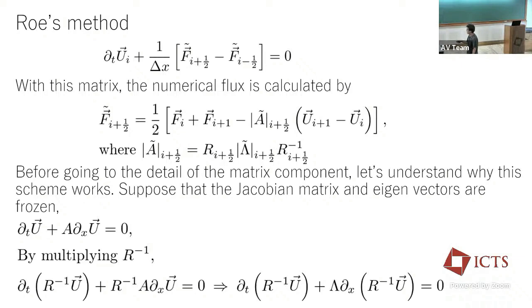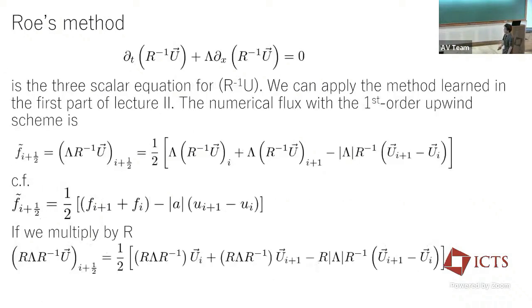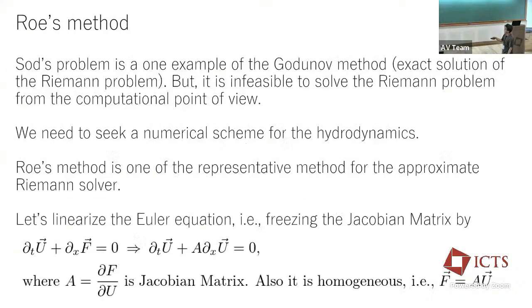This is very straightforward, because A is decomposed into R times lambda times R inverse, the diagonal matrix, so you get this expression: R inverse U plus the diagonal matrix times delta x R inverse U.